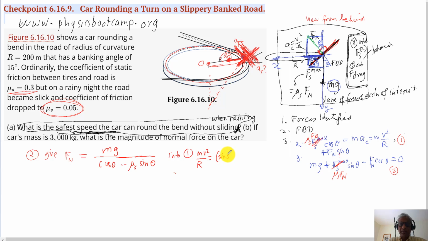So you have a sine theta plus mu s cosine theta, and use Fn, that makes it mg over cosine theta minus mu s sine theta.